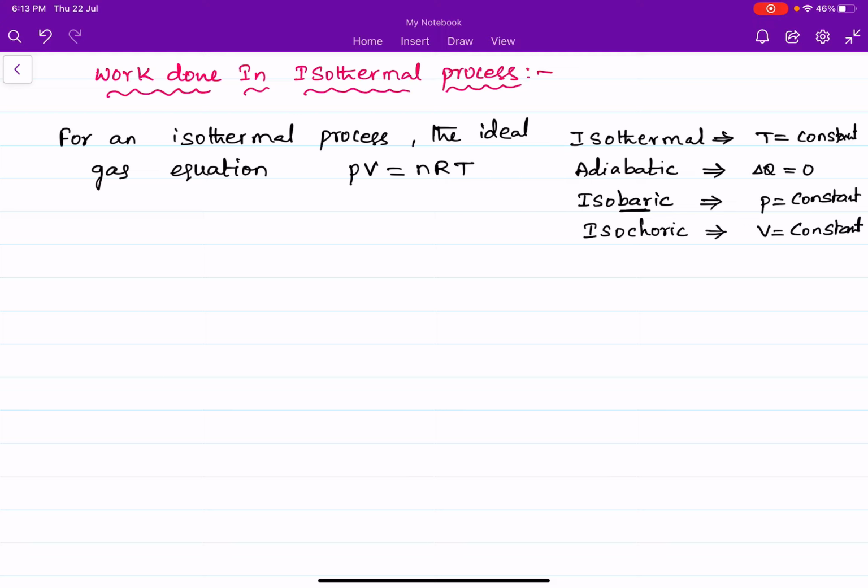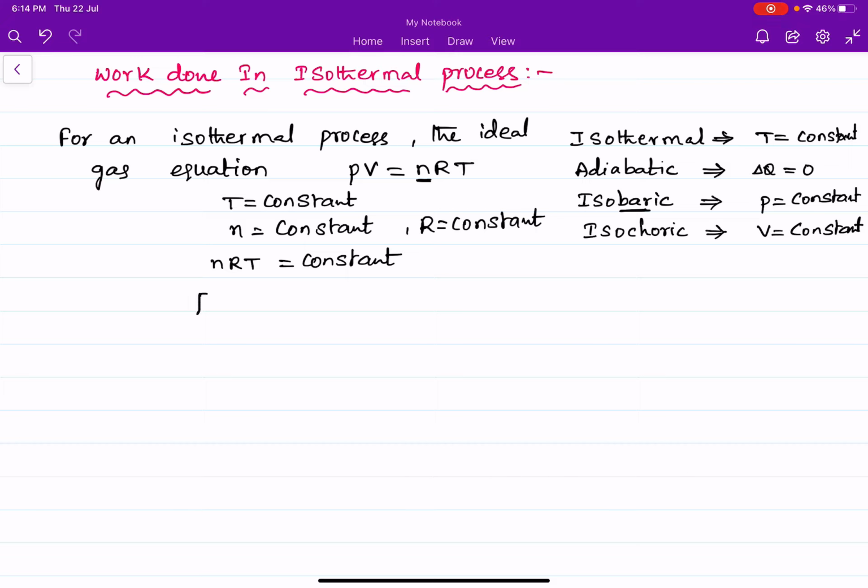Here in isothermal process, as temperature is constant, n is also constant because the number of moles of a given substance is always constant. R is the universal gas constant, so R is also constant. So nRT is also constant, and the ideal gas equation becomes PV is equal to constant for the case of isothermal process.